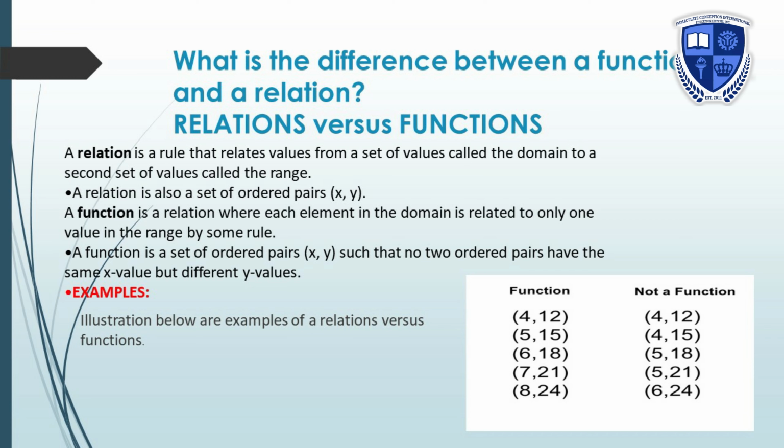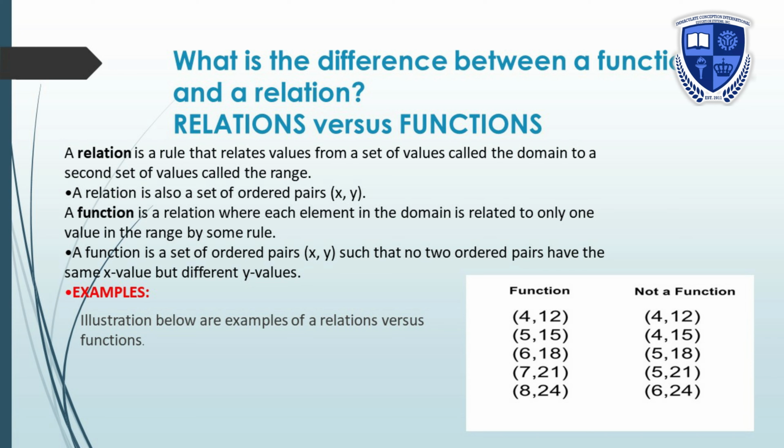A function is a relation where each element in the domain is related to only one in the range by some rule. A function is a set of ordered pairs x and y such that no two ordered pairs have the same x value but different y values. For example class, the illustrations below are examples of a relation versus function.